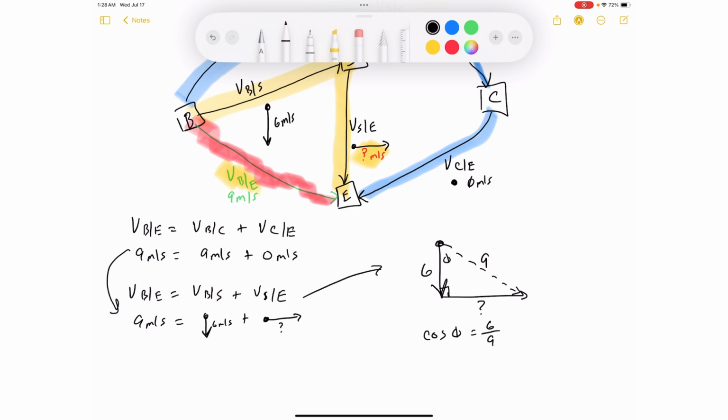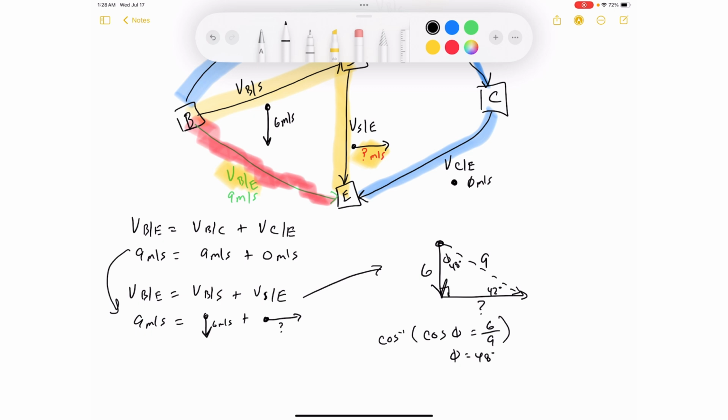Now if I hit this with an inverse cosine, and of course you have to do it to the other side as well, you'll end up with phi equals 48 degrees. If that's true, then the other angle is 42 degrees, because 48 plus 42 plus 90 is 180 degrees, which is what we should have for this triangle.